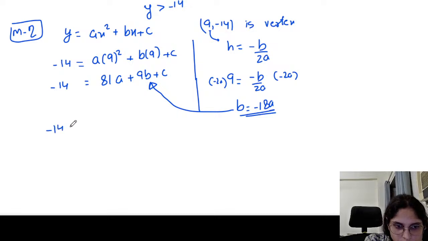You get negative 14 equals 81a plus 9 times negative 18a plus c.